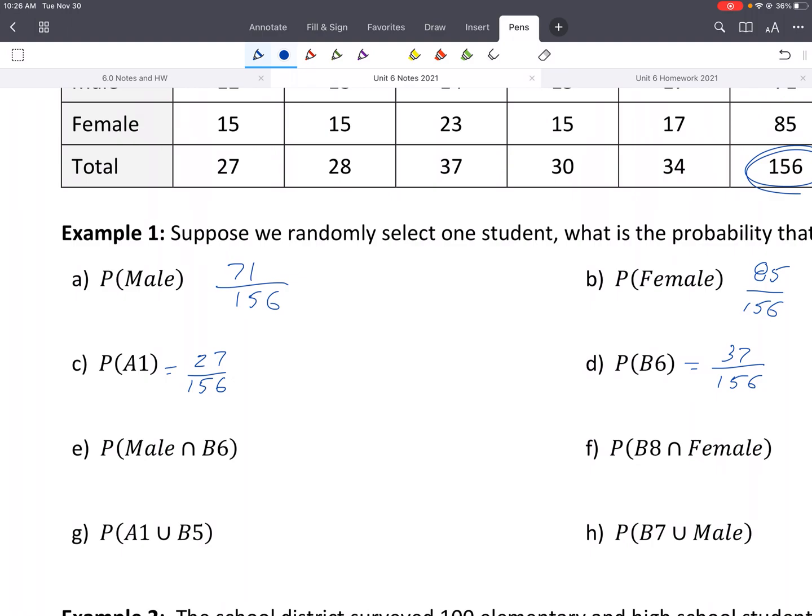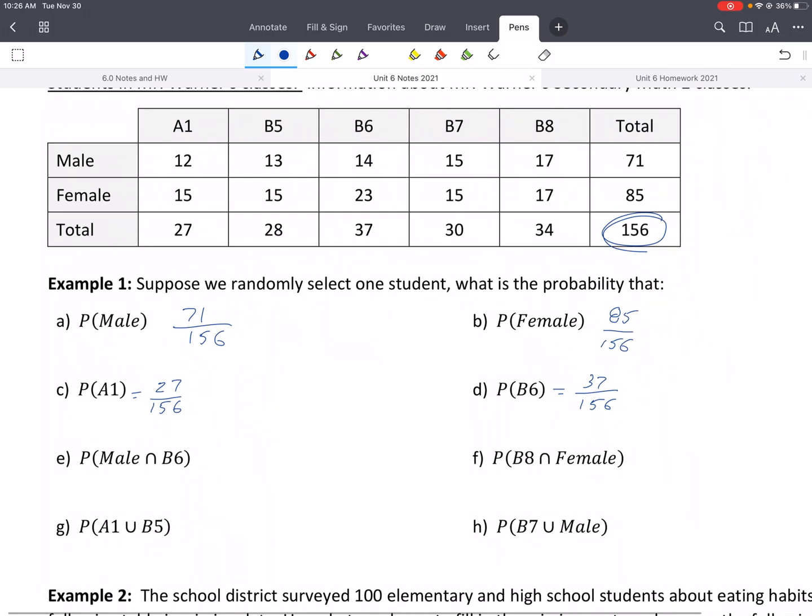What's the probability of picking a male and in B6? So this is, again, intersection, where the males and the B6 intersect. Here's our males, here's our B6.